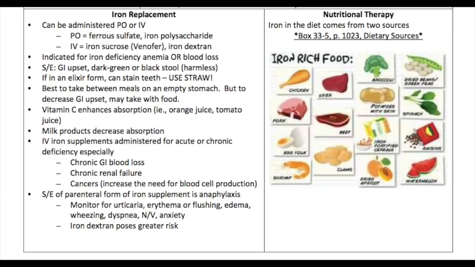And make sure you take that with fruit juice, which is high in vitamin C. So this will increase your absorption. So an orange juice or tomato juice. And then don't take that when you are going to be drinking some milk or if you're going to take antacids because that's going to decrease the absorption of these iron supplements.